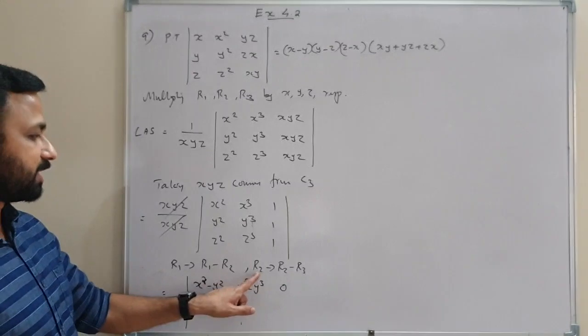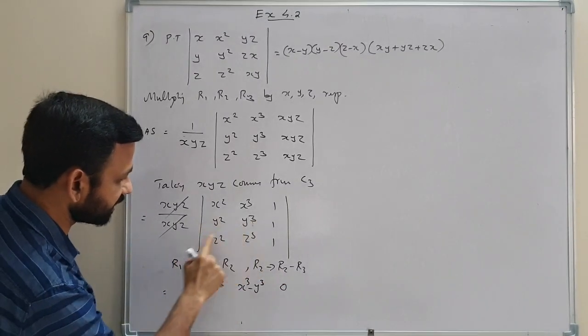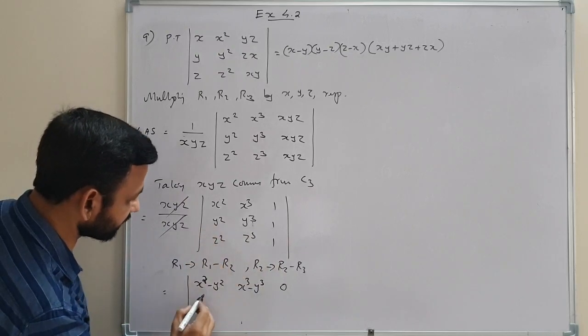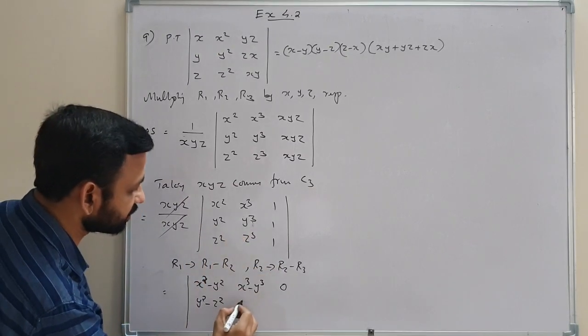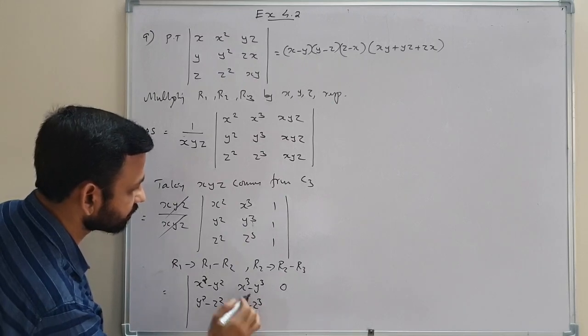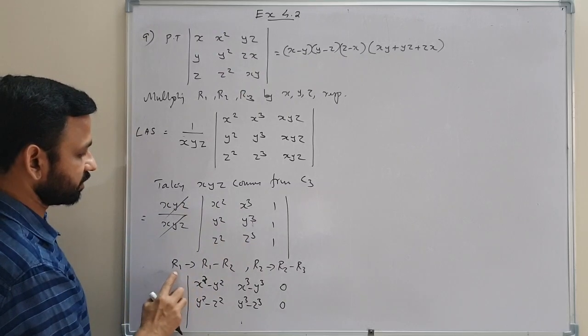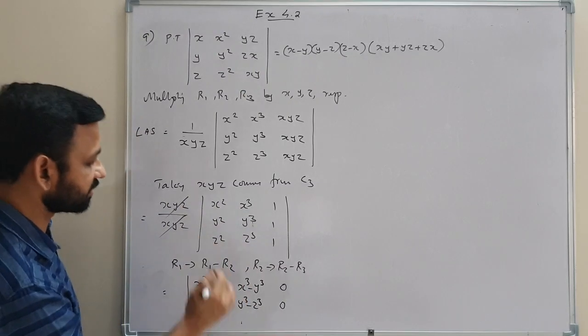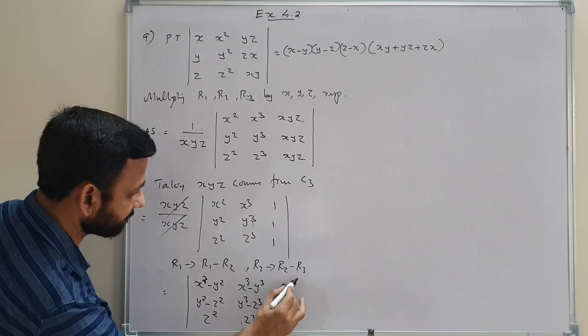Then R2 becomes y square minus z square, y cube minus z cube, 1 minus 1 is 0. R3 will be the same because we changed only R1 and R2: z square, z cube, 1.